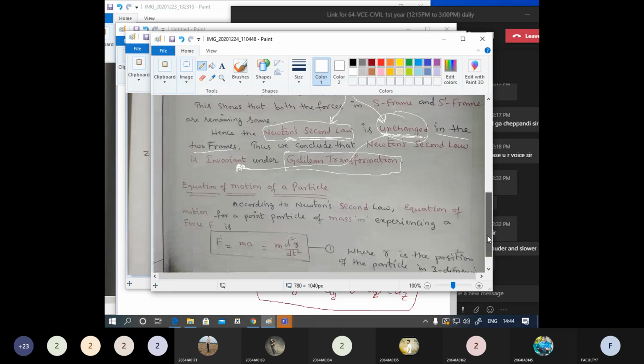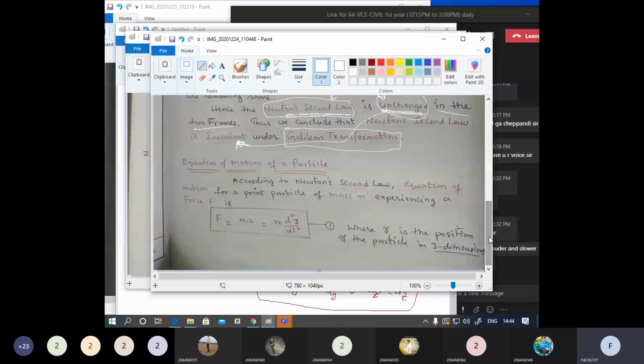Now this is a small topic, a simple topic, just a small substitution. The same particle we are considering is in motion. The particle being in motion means there is a force experienced by the particle.